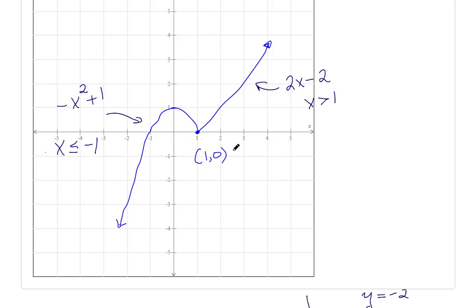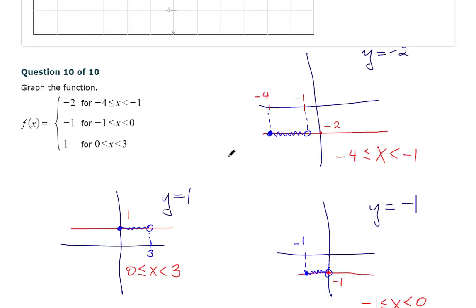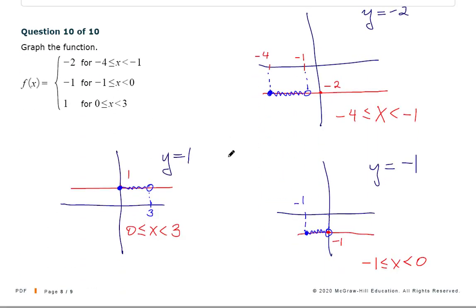The last function, I have three pieces, but they're all constant functions, perfectly flat. This is a flat function crossing at -2. I got a -1 piece here and a piece that's 1. Okay, so the red is the originals. Now, where am I chopping this?